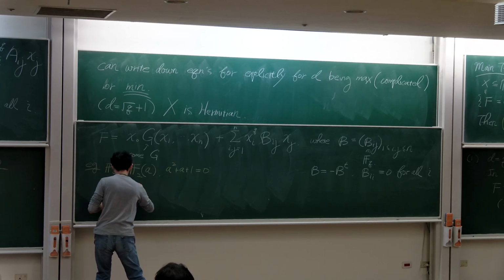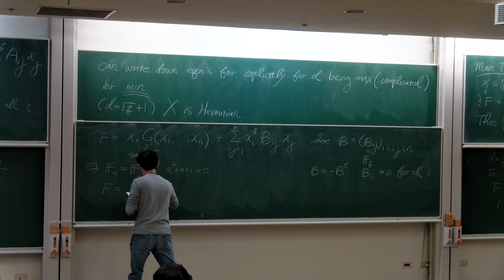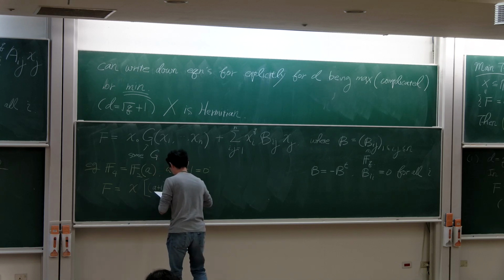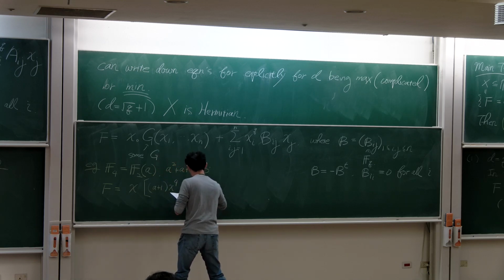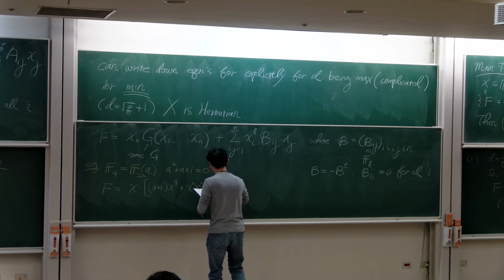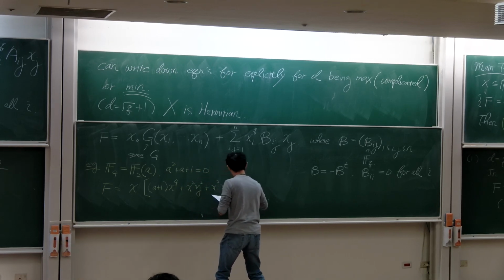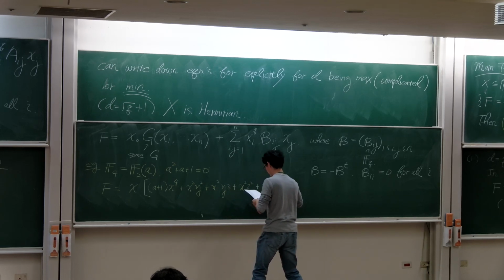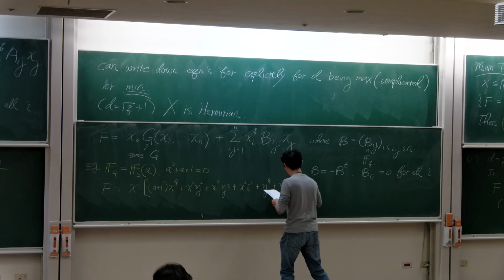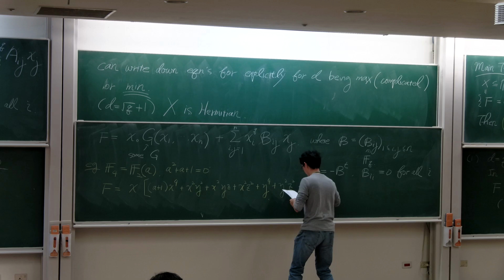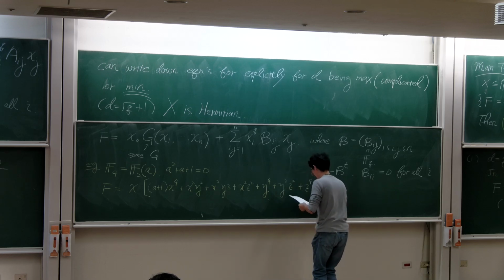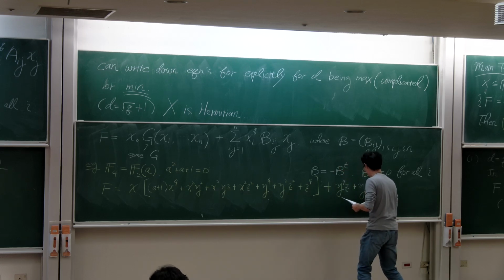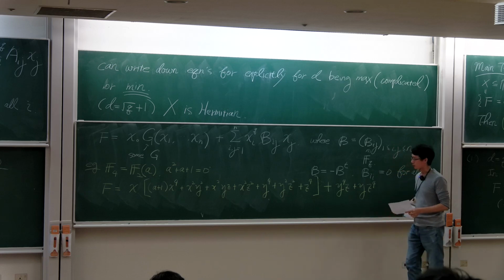X times (A plus 1) x to the 4, x squared y squared, x squared y z plus x squared z squared plus y to the 4, y squared z squared, z to the 4, and then plus y to the 4 z plus y times z to the 4.